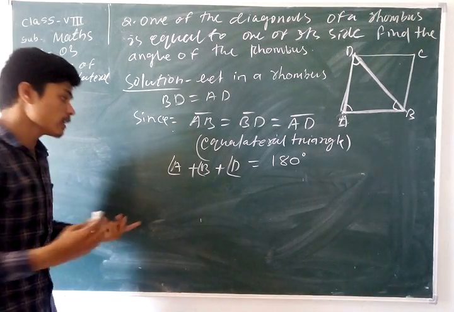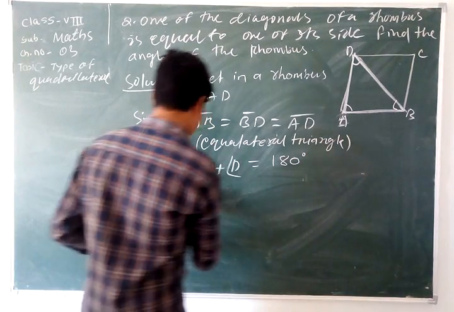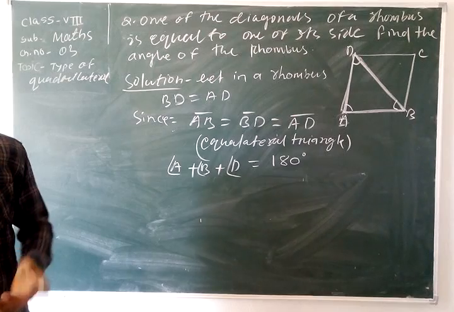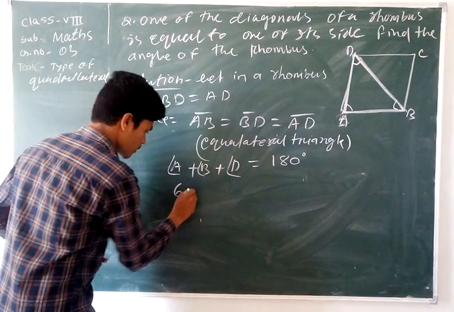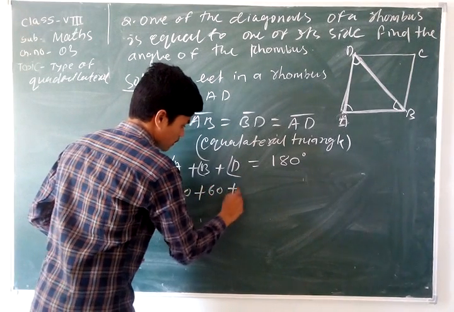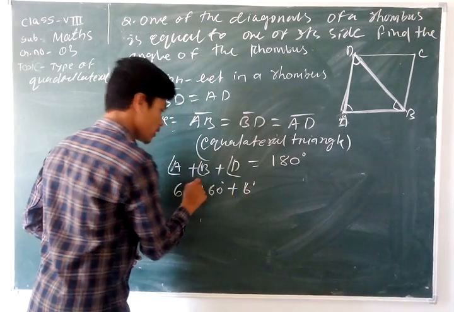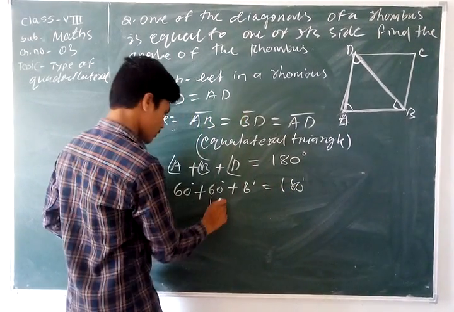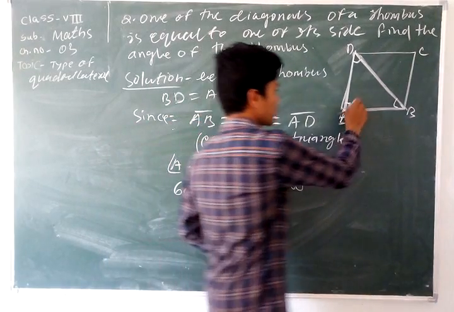Each angle equal to 60. All angles are equal. That's why A equal to 60, B equal to 60, D equal to 60 degree. In an equilateral triangle all sides are equal and all angles are equal. Then this one is 60 degree, this one is 60 degree.